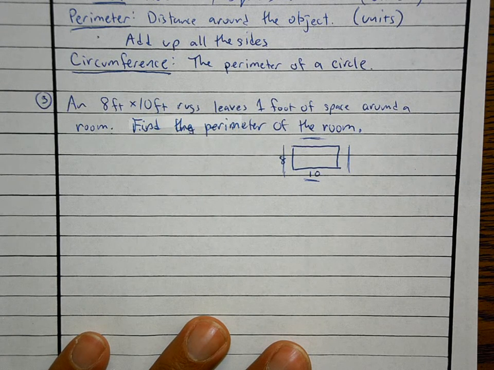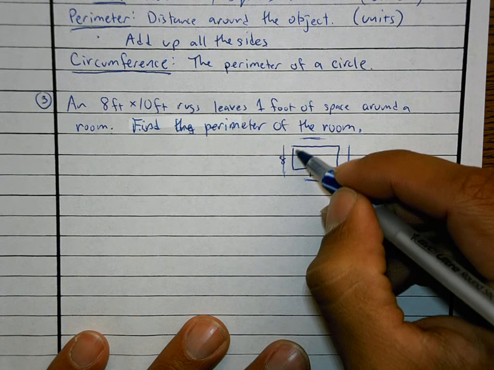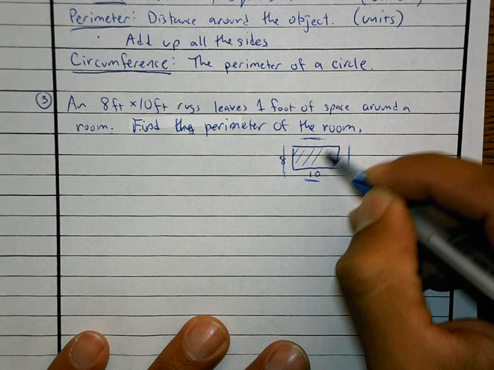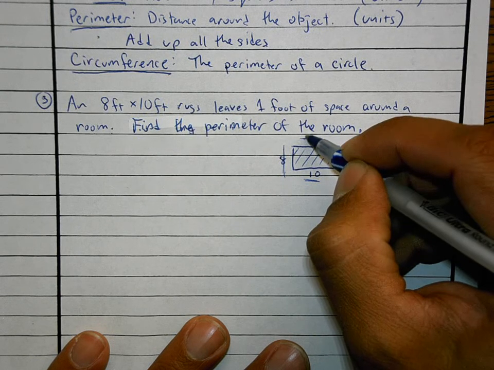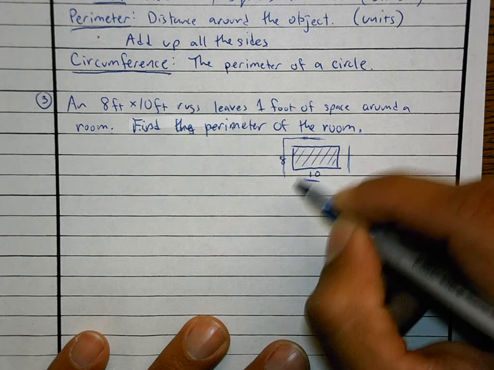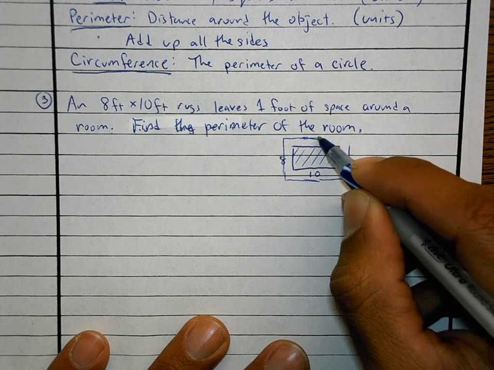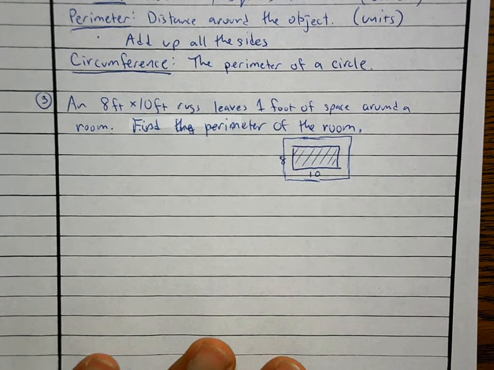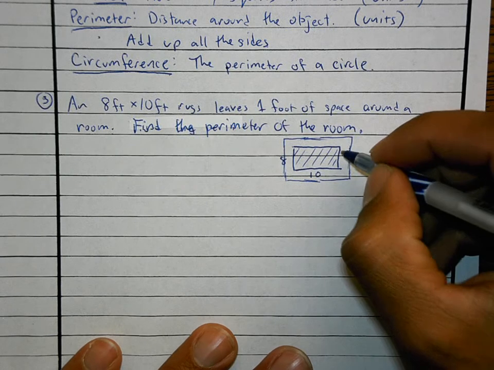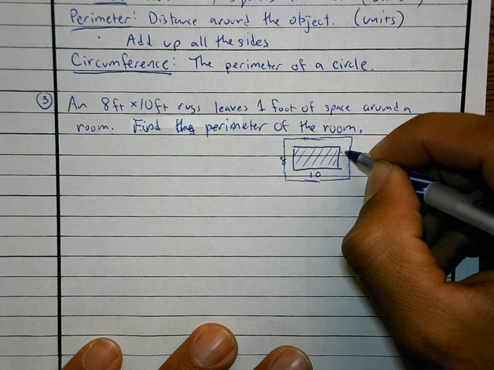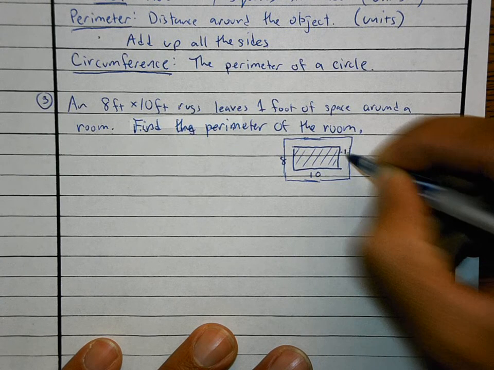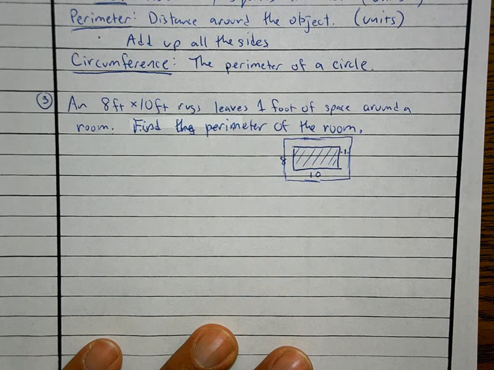So what I'm going to do is I'm going to kind of just color this rug a little bit like that, so I know that this is the rug. And then I'm going to draw this line that goes around this rug like that. And I know that this distance from here to here, from the rug to the wall, is 1 foot. On the right side.